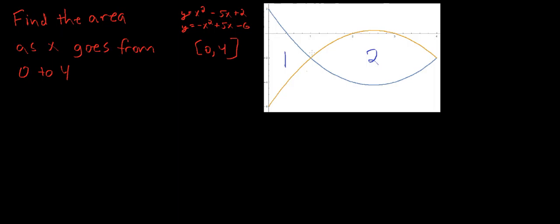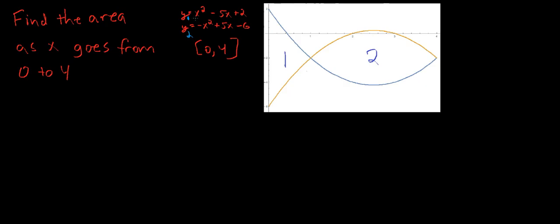Alright, so let's figure out which line is which first. If you plug it in your y equals, you put them both in, you're going to need to figure that out initially. So what we do is we set x equal to 0 in both of these equations, and let's see where their y-intercepts are. We'll call this y1 and this y2.